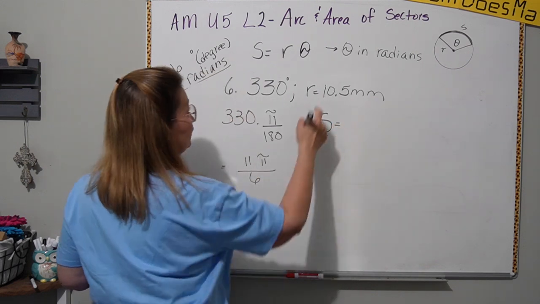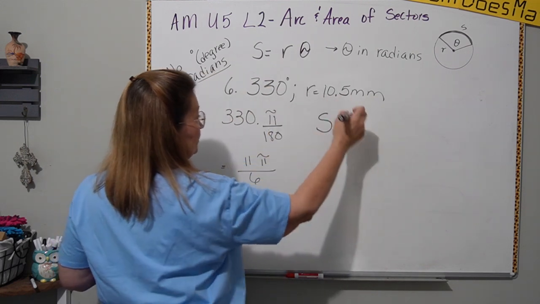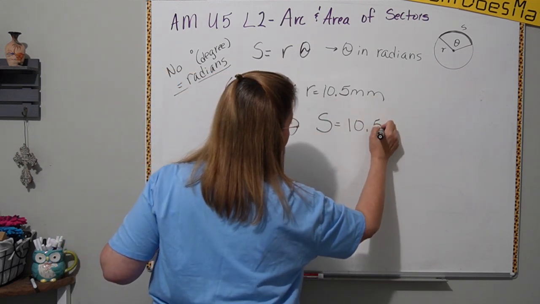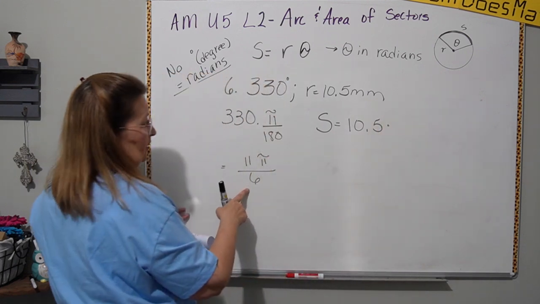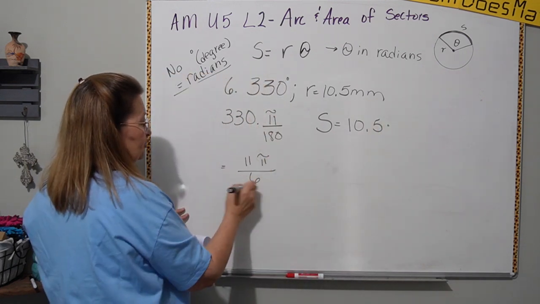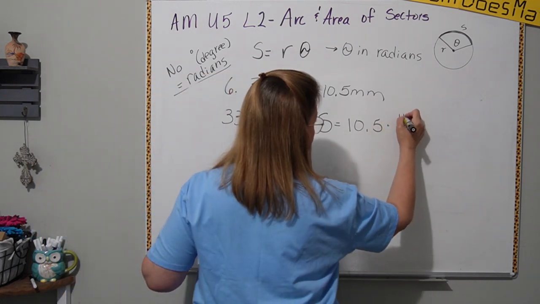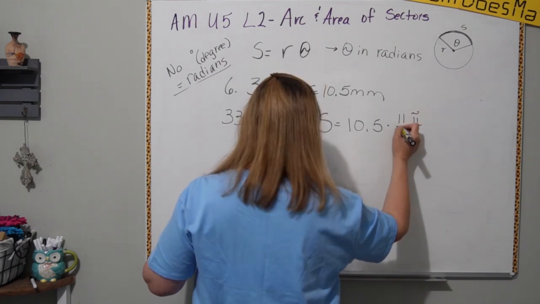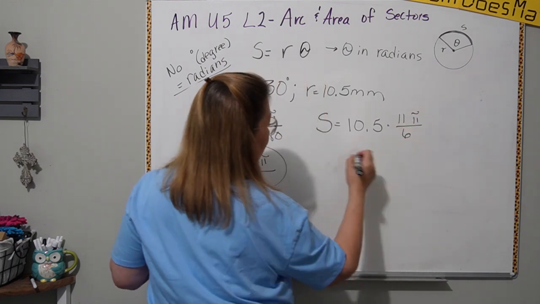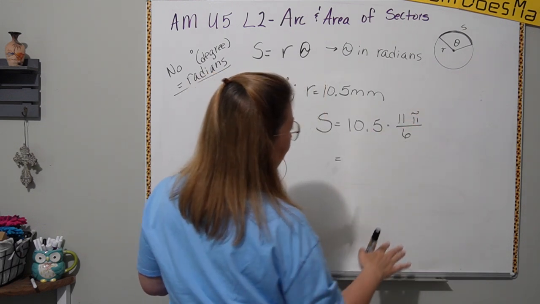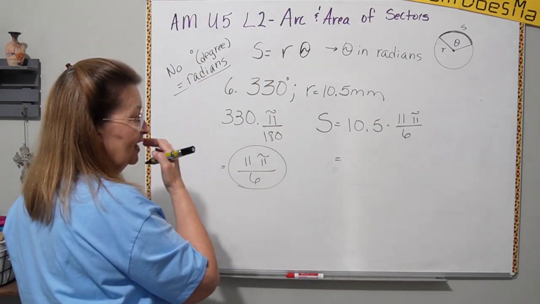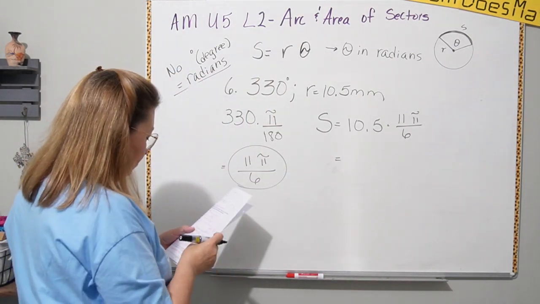S is equal to the radius, which is 10.5, times what we just found the degree measure to be in radians. So that's going to be 11 pi over 6. Okay, and I think I've done enough of them out by hand. You've got to change that decimal once you multiply.